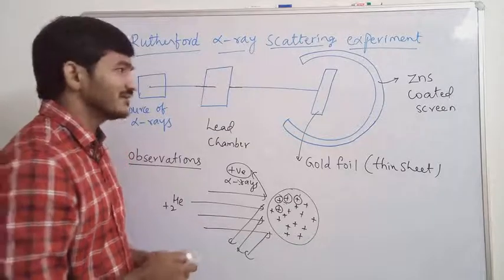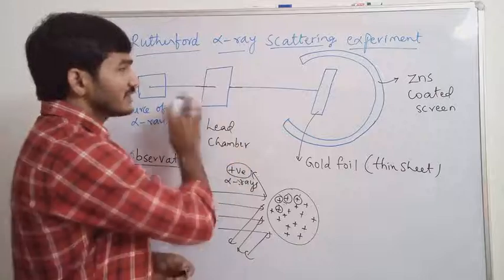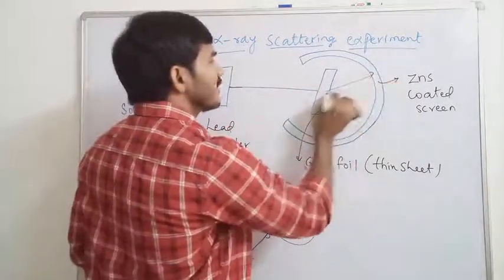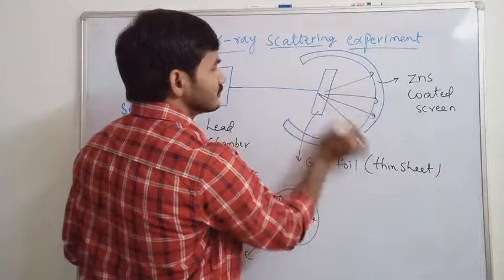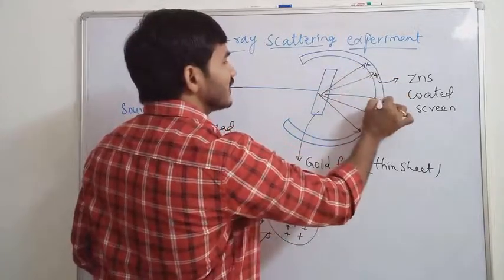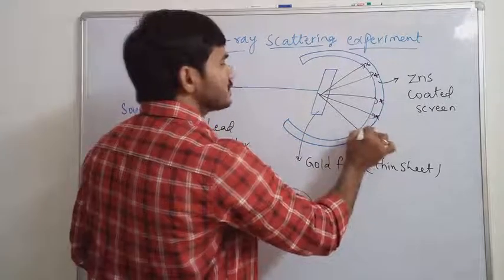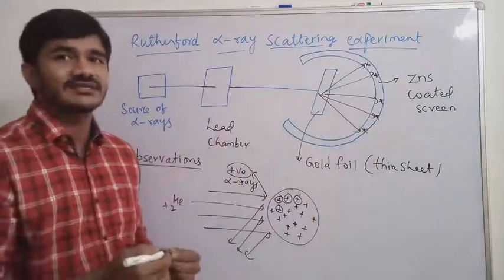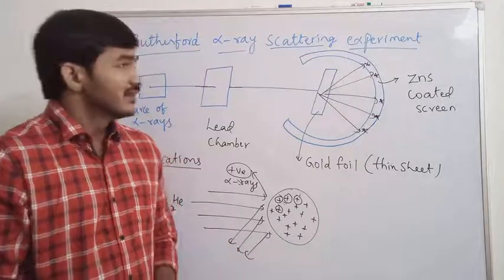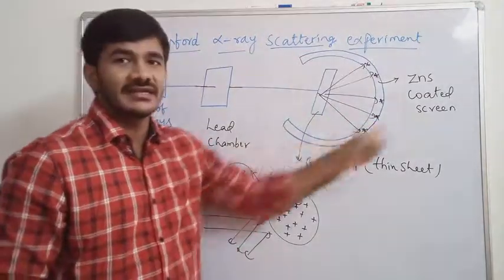What he noticed was that when rays are passed through gold foil, most of the rays pass through it, and they give bright spots on the zinc sulfide coated screen. I already told you about this in the discovery of cathode rays. This is the zinc sulfide coated screen.